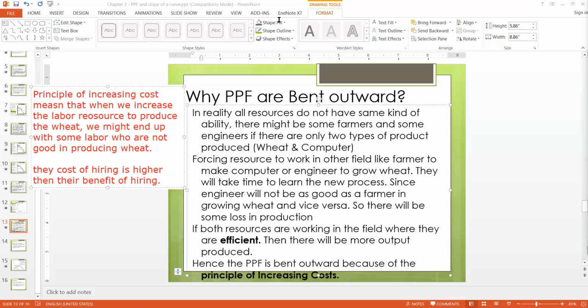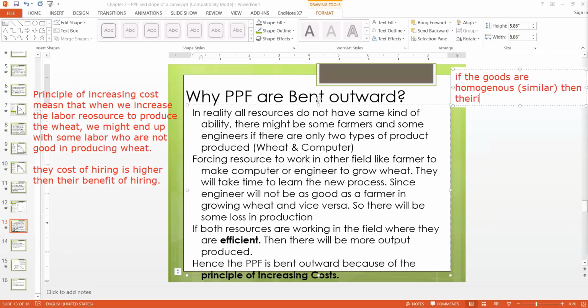So hopefully you understood in today's session how the production possibility frontier is outward bended, and the idea behind it. Let me summarize it here. If the goods are homogeneous, meaning they are similar, then there is no gain from specialization. Then their PPF would be a straight line.